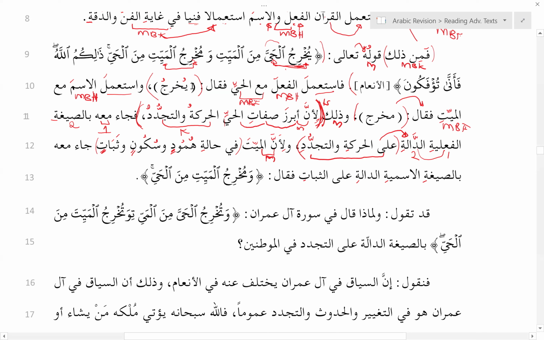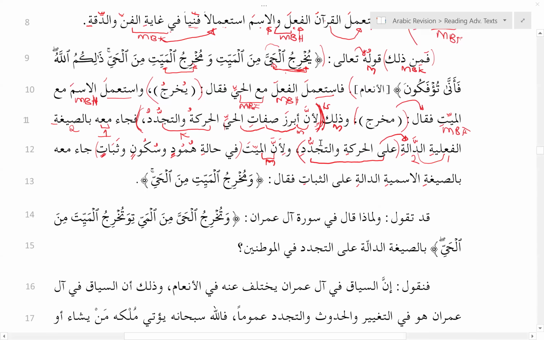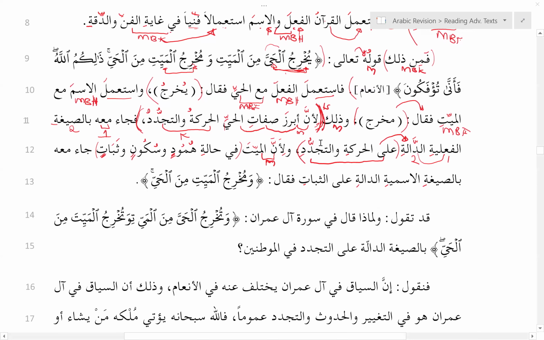Is it the most prominent or one of the most prominent? Let's see. لأن أبرز صفات الحي, the most prominent, because you can see الحي has al on it, so that's where we get the "most" from, because the مضاف إليه has al on it. So that al, the properness will be transferred to the مضاف.